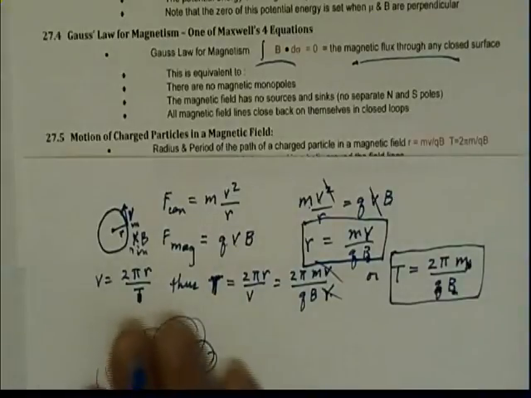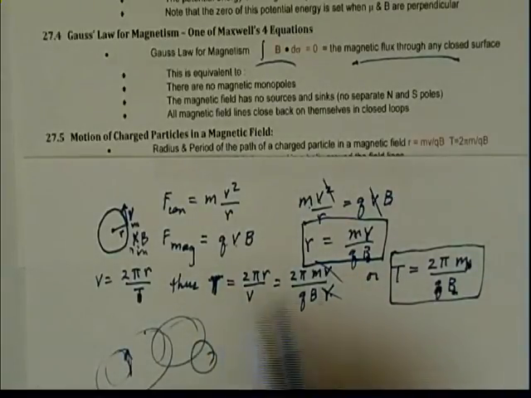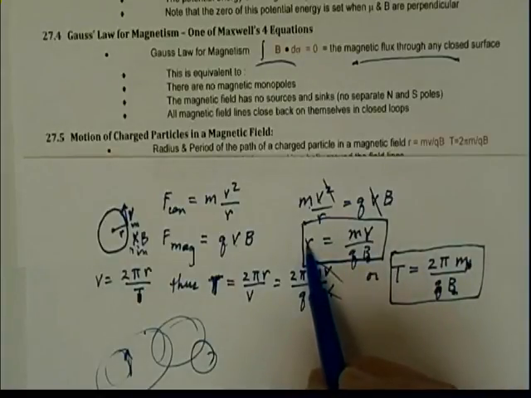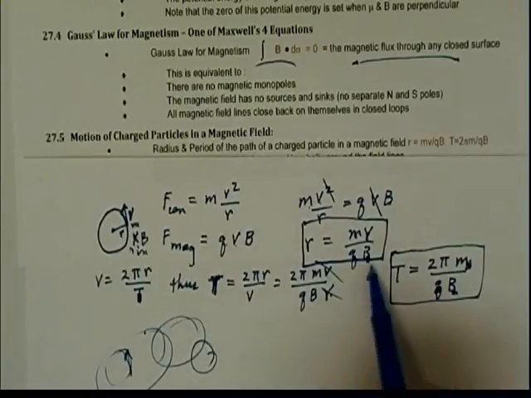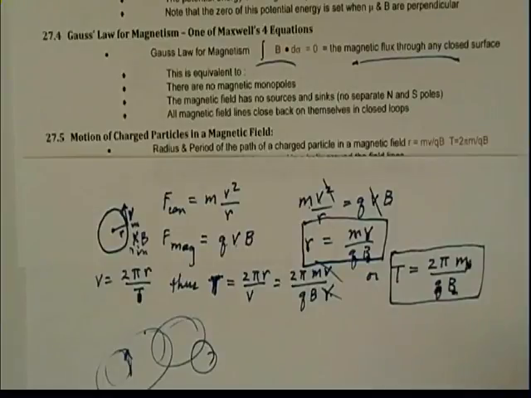If B is constant over this whole region, then the periods will all be the same. But if they have different velocities, they will have different radii. Some will go around their circles very fast, and they go in larger ones here. Depending upon the velocity, they have a larger radius or a smaller radius. So we can determine that charge to mass ratio by looking at the period and the rotation.